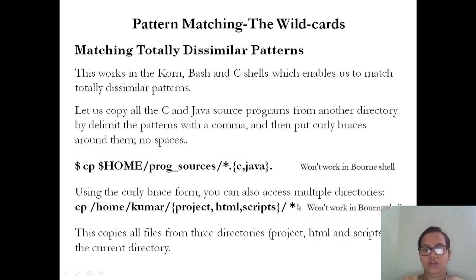By looking at this command, you can see cp /home/kumar, in that you have 3 directories: project, html, scripts. It copies all the files from these 3 directories and puts them into your current directory. So that is what it will do with this command.